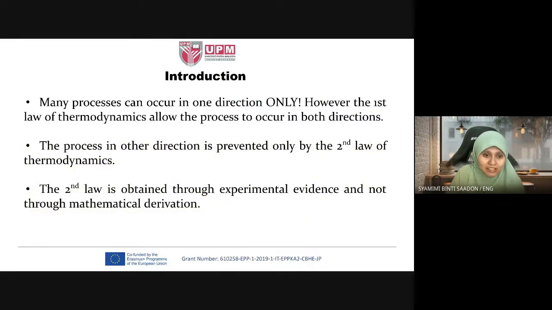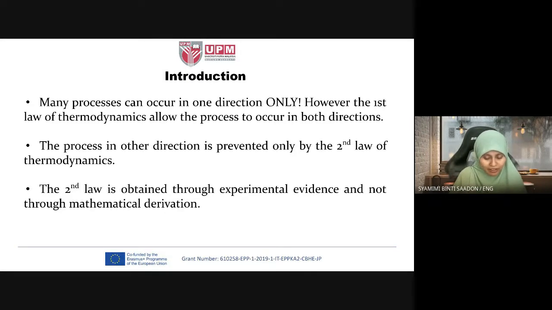Again, many processes can occur in one direction only. However, the first law of thermodynamics allows the process to occur in both directions. So with only the first law, it's not enough, because the first law indicates that every process can be reversed.